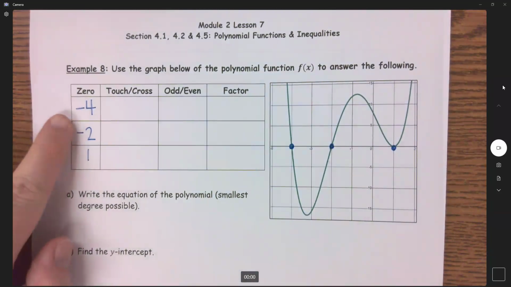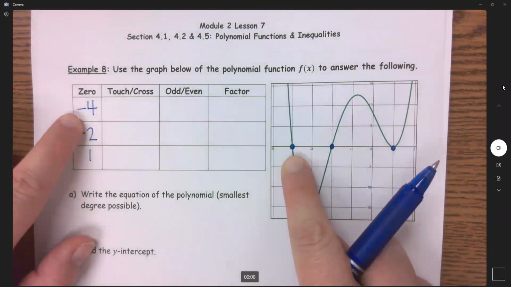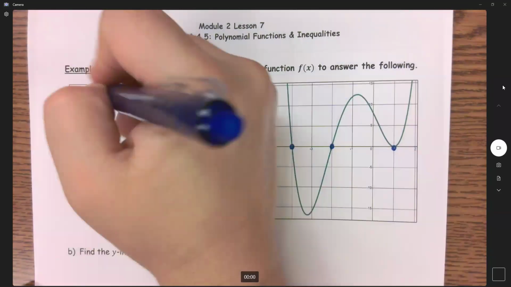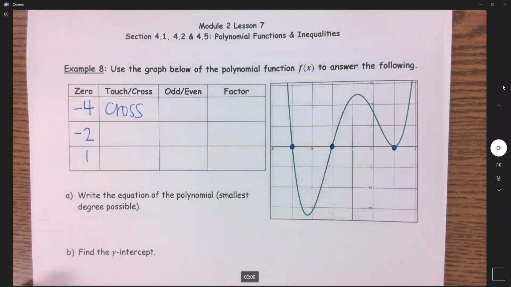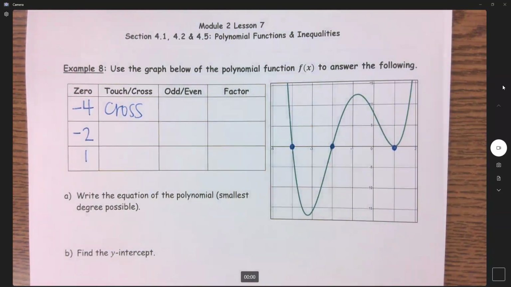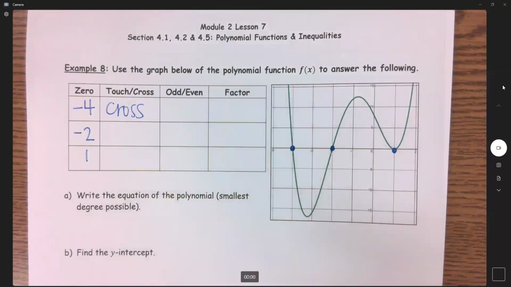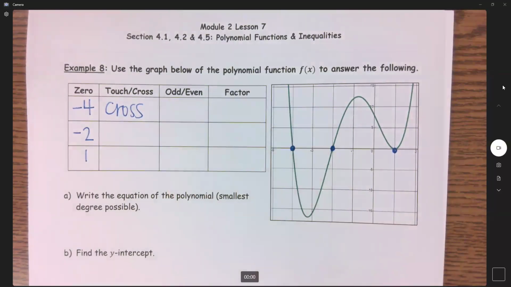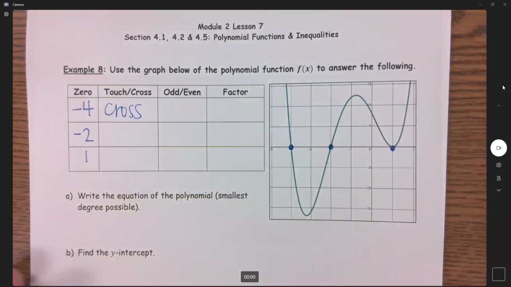Okay, so now let's just stick to 1 zero at a time. At -4, is this touching or crossing the x-axis? That is crossing the x-axis. If it is crossing, what does that tell me about my multiplicity? Is that going to be even or odd? Well, when it crosses, we have odd multiplicity.